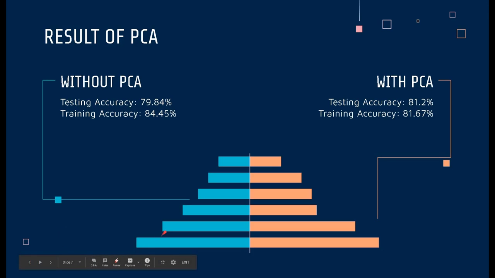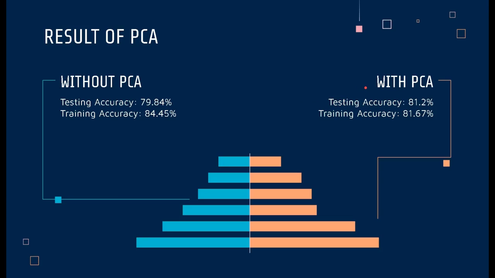So after we train the model by using only those 4 selected features, the result of this PCA is as follows. If we train the model without PCA, using all 7 features, we achieve a testing accuracy of 79.84%, while training accuracy is 84.45%.